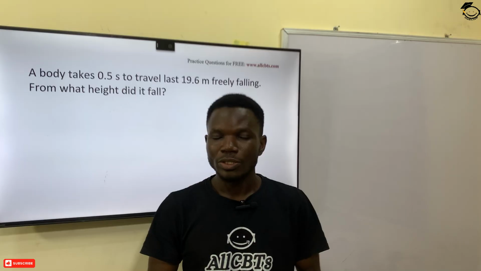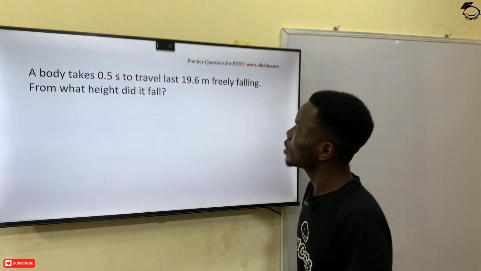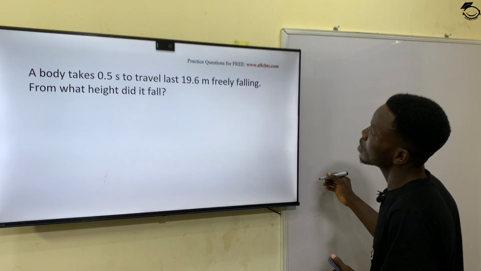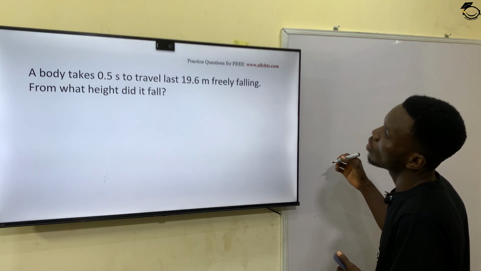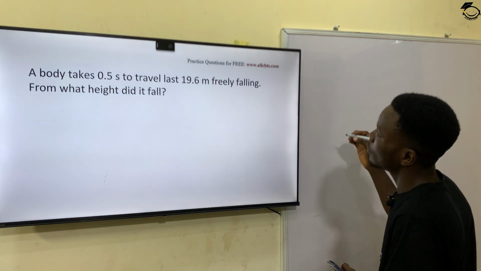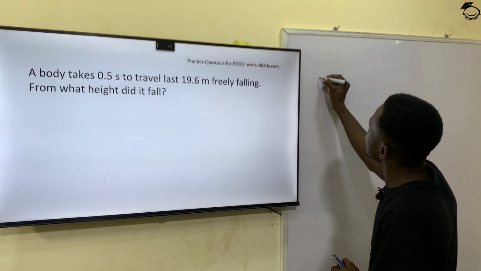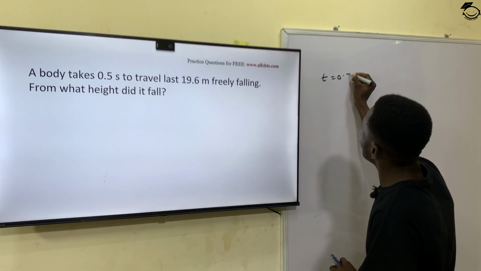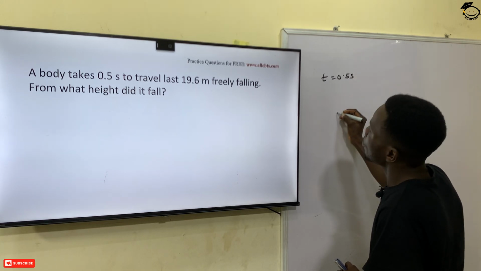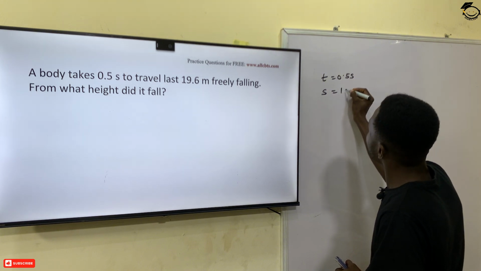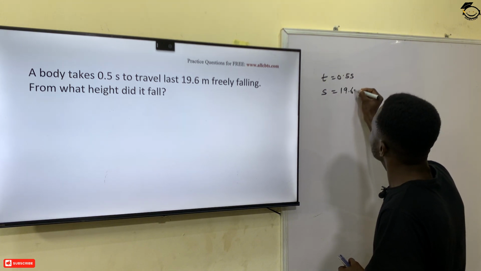So that is the next question, which says a body takes 0.5 seconds to travel the last 19.6 meters when falling freely. From what height did it fall? So we're given the time as 0.5 seconds, and we're given the distance it traveled in the last 19.6 meters.